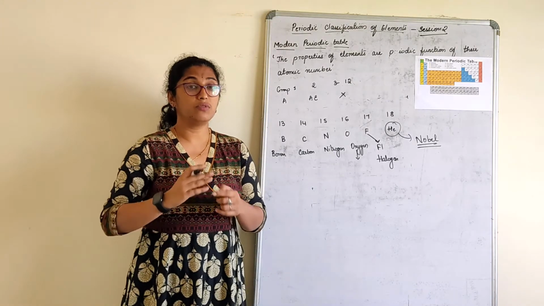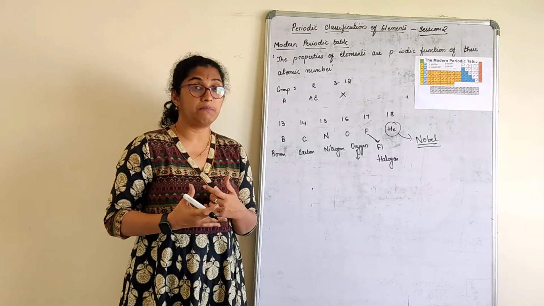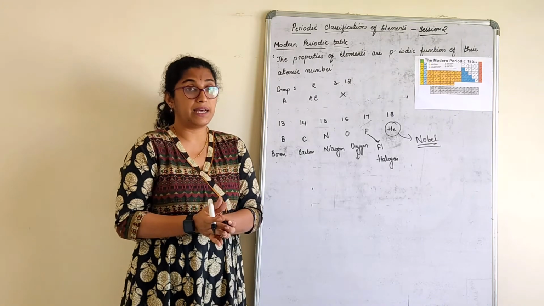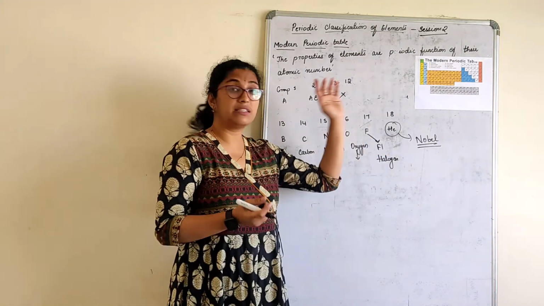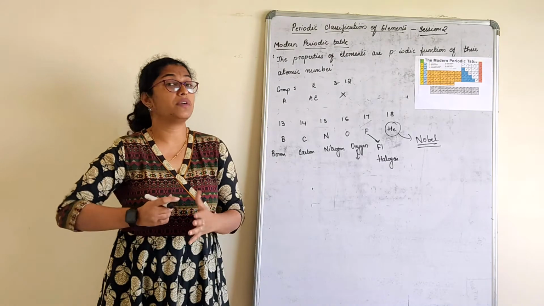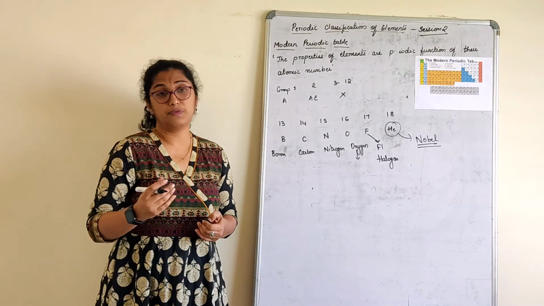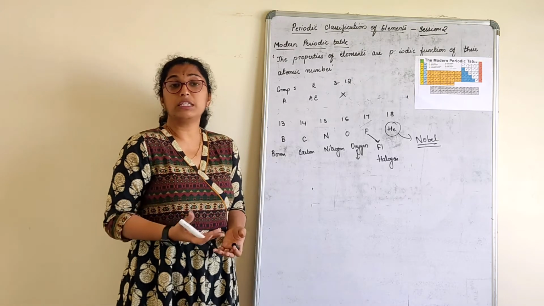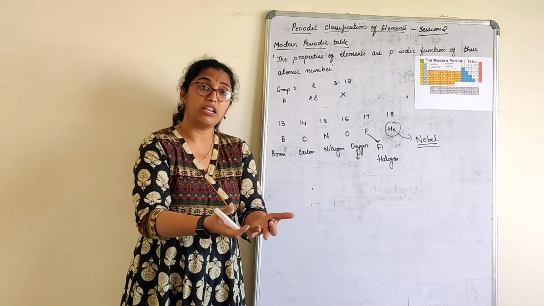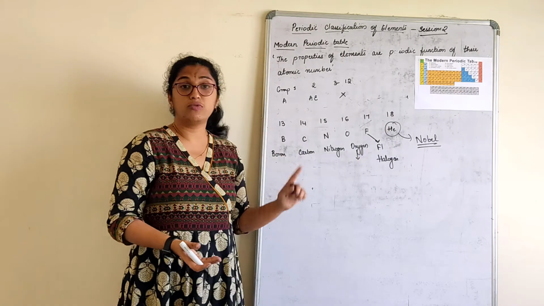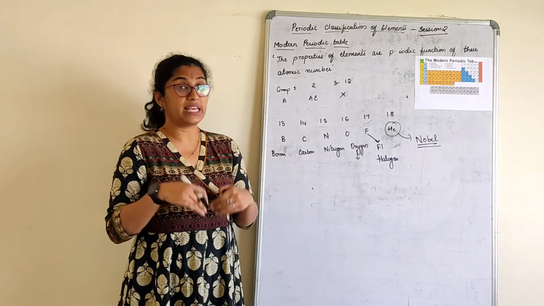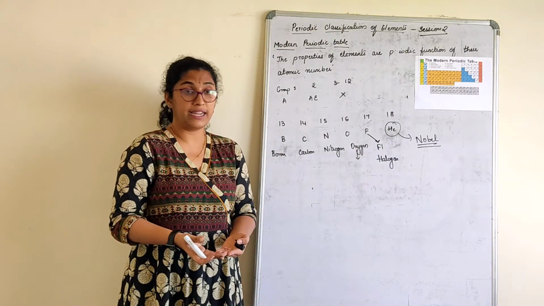What does valency do? It has the capacity to combine. Valency is the combining capacity of the electron, but these are already filled with electrons, so they don't have any space. So what will they do in a chemical reaction? They neither accept nor give electrons, but other elements over here have a tendency to accept as well as to donate, right?